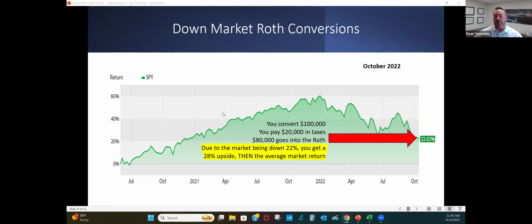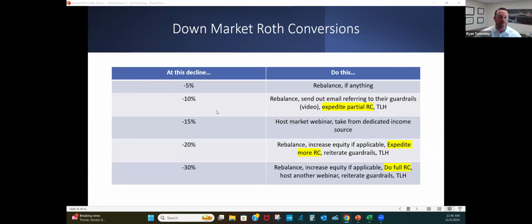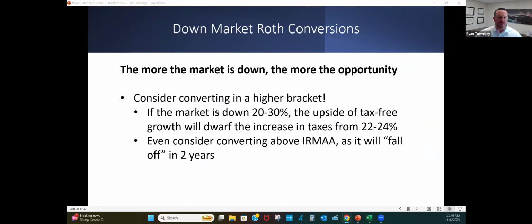Obviously, if the client's comfortable and all that, you have to have these conversations, right? But just think about that, maybe even if the market's down a lot, like 30%, maybe at that point we even convert into a higher bracket, right?